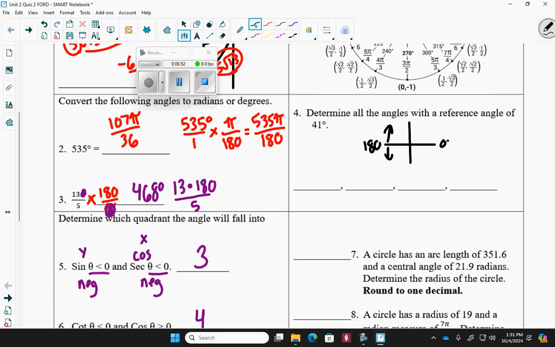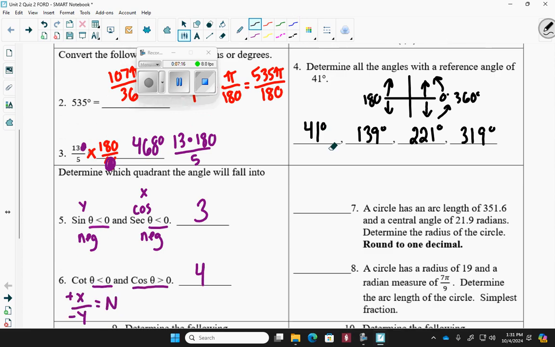And remember, this is 0 degrees going in this direction. Going in this direction is 360. Again, it is 41 degrees up and down. So it'll be 41 degrees in quadrant 1, because 0 plus 41 is 41. 139. Most of you guys got this, so I'm speeding up a little bit just so you're not watching a 30-minute video.